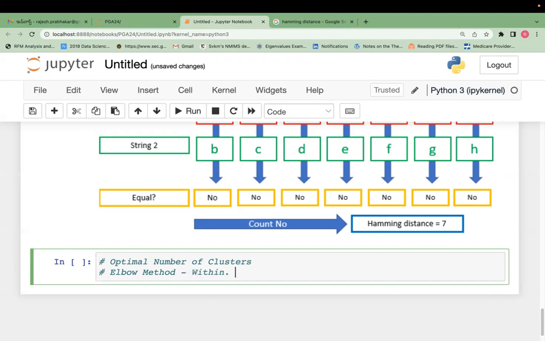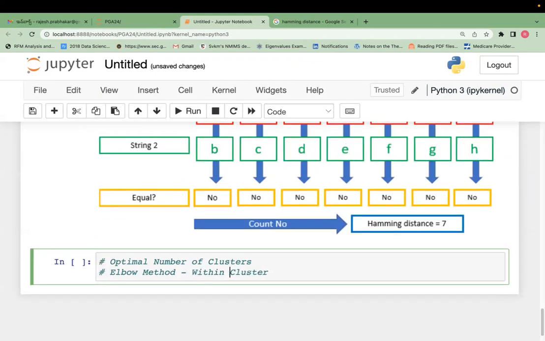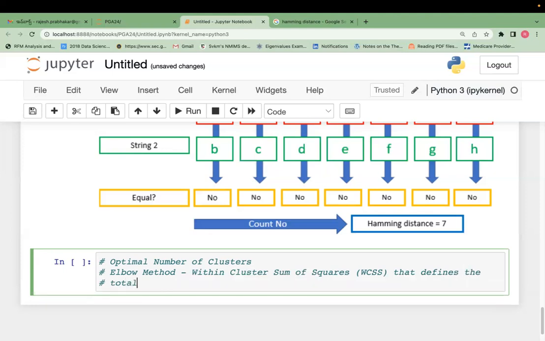Within cluster sum of squares, WCSS, defines the total variance within a cluster.